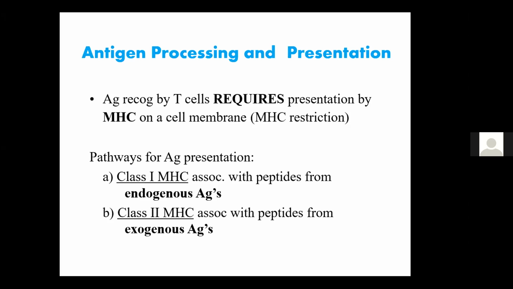Now, antigen recognition by T cells requires presentation by an MHC molecule on the surface of the cell membrane, and that is referred to as MHC restriction. Once an antigen is internalized by the antigen presenting cells, in this case the macrophages, dendritic cells, or B cells, it has to be broken down into smaller molecules, the peptides. Sometimes macrophages are referred to as monocytes when they are in blood circulation, or macrophages when they are fixed in the connective tissues.